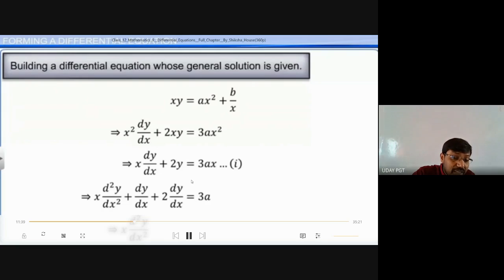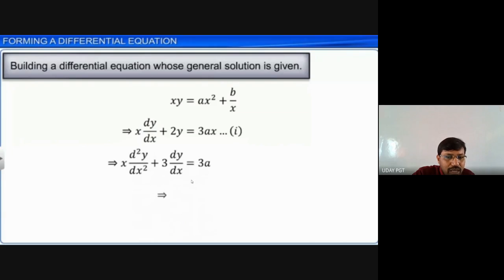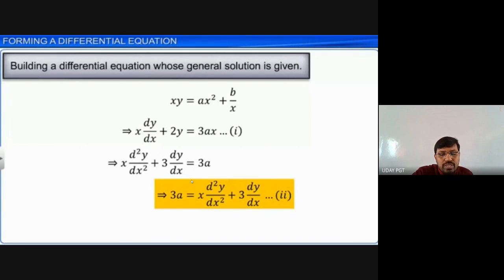Differentiating this again with respect to x, we get x d square y by dx square plus 3 dy by dx equals 3a. This 3a is equal to whatever you get by substituting in the first equation.